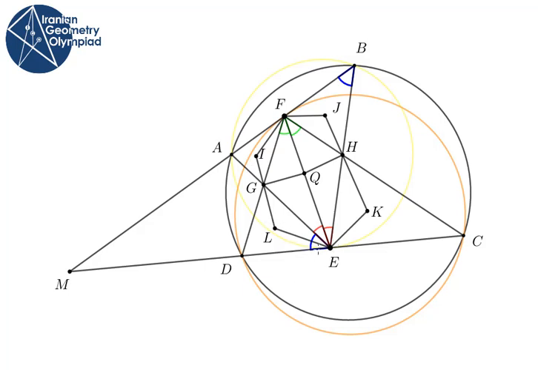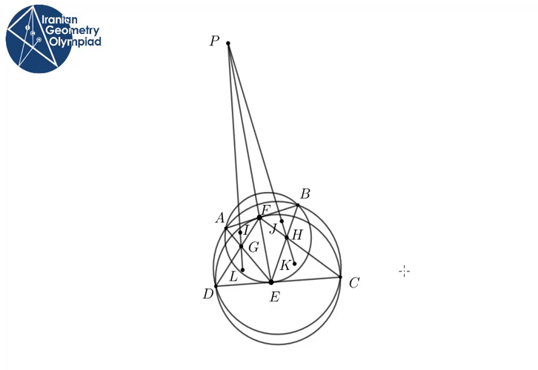So these three lines pass through point P, which is harmonic conjugate of Q with respect to F and E, like this picture.